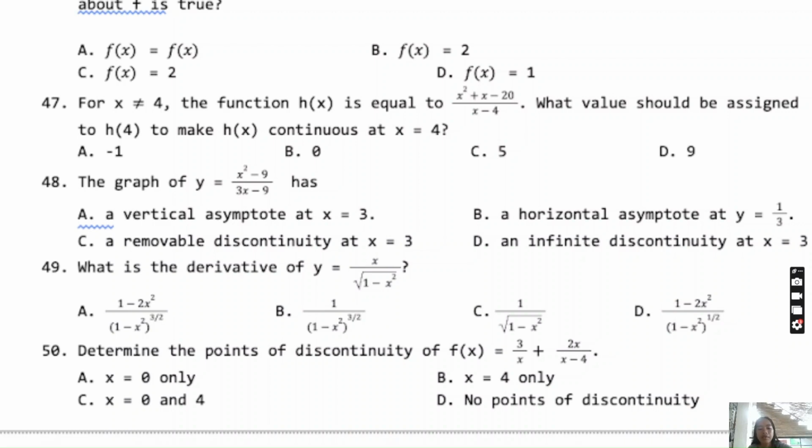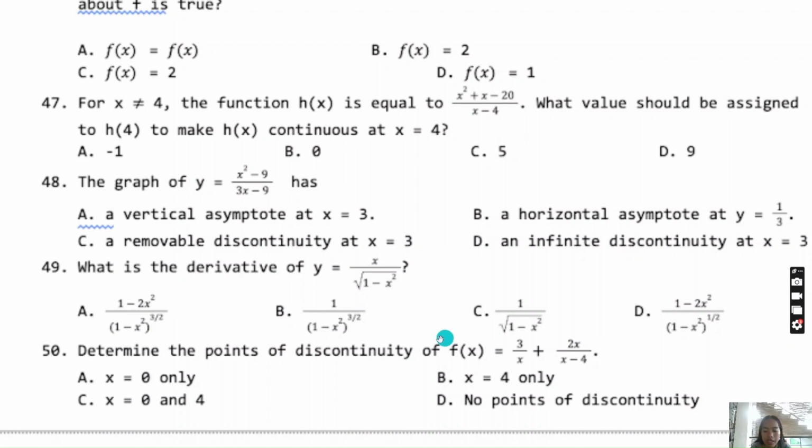So we are now in number 50. Determine the points of discontinuity of f of x equal to 3 over x plus 2x over (x minus 4). So the correct answer is letter C: x equal to 0 and 4.